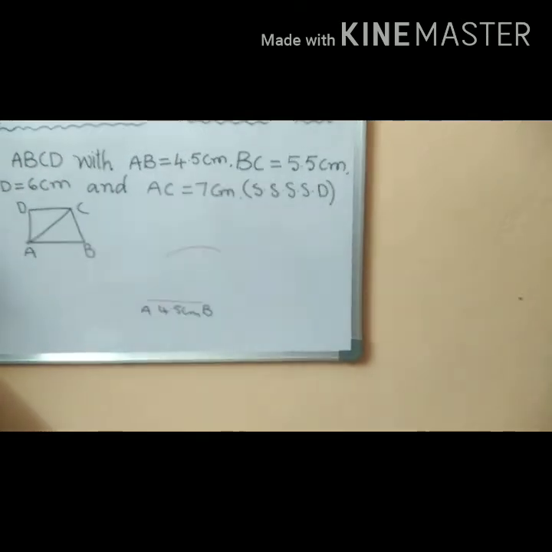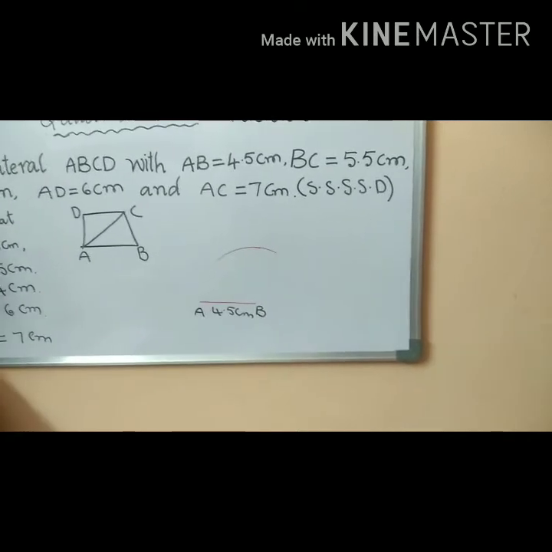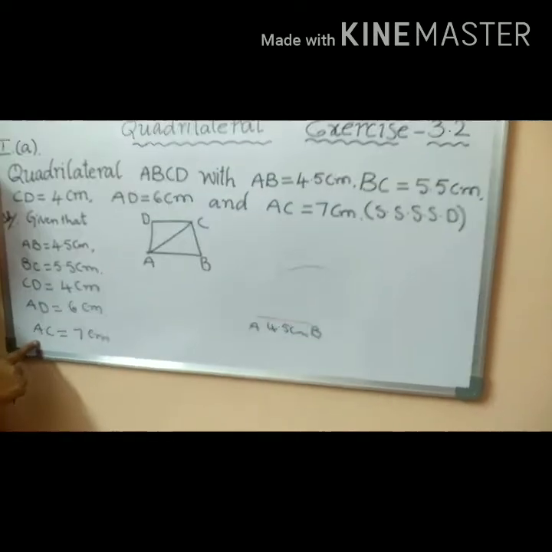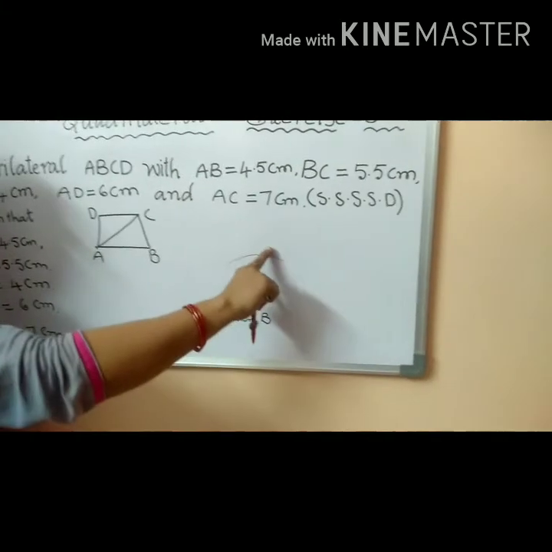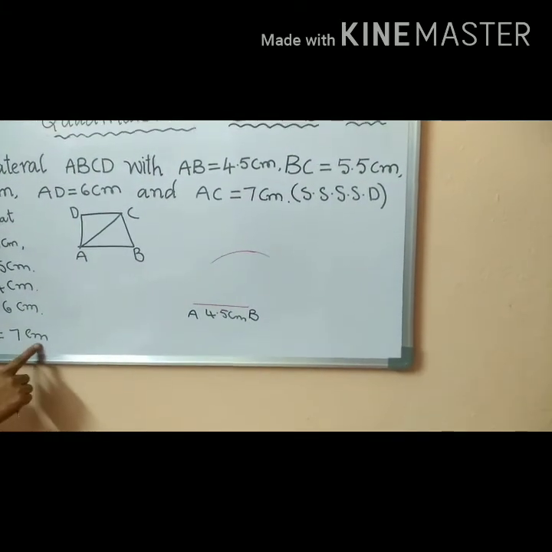Okay. Also AC with the center of A is there. So AB and next is C here. AC equal to 7 centimeters.